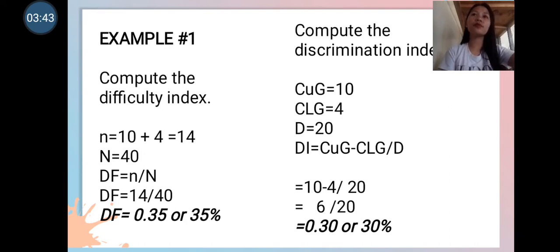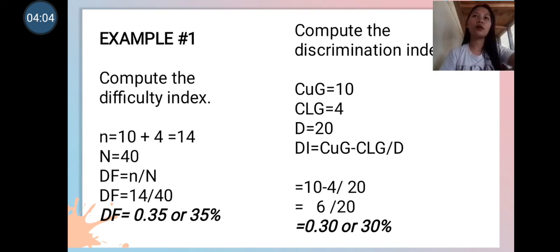And then right after computing the difficulty index, we have to compute now the discrimination index. Okay, so here in discrimination index, we also have CUG is equal to 10, CLG is equal to 4.